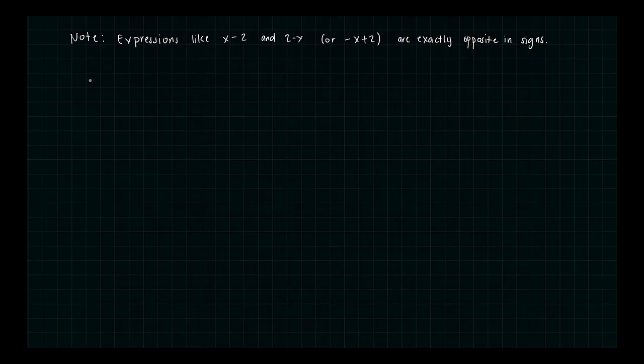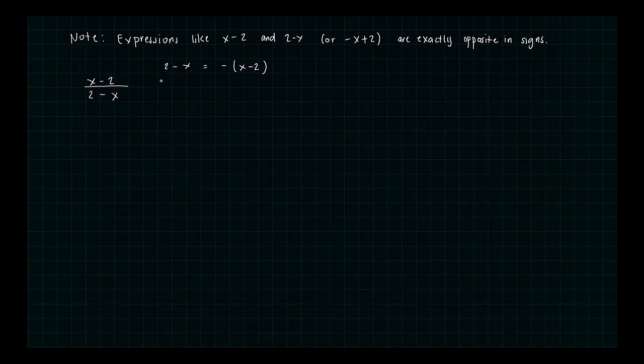Note that expressions like x minus 2 and 2 minus x, or negative x plus 2, are exactly opposite in signs. We have this example, x minus 2 over 2 minus x. These have opposite signs. Note that 2 minus x is the same as negative (x minus 2).